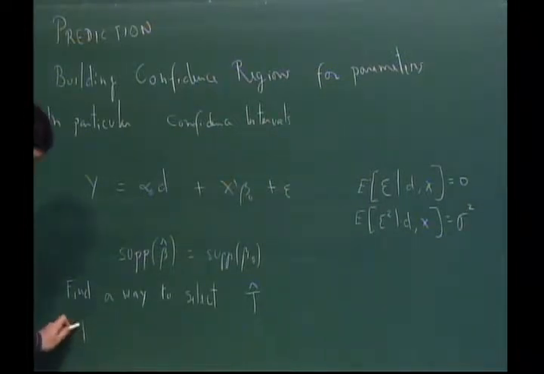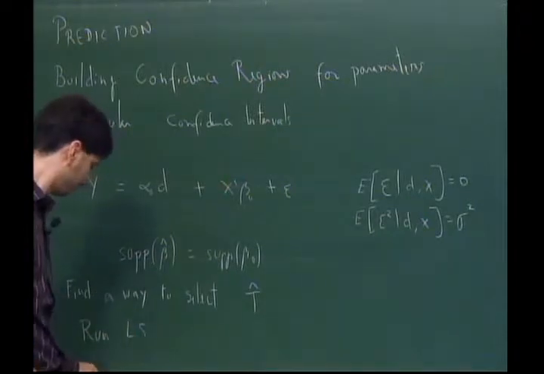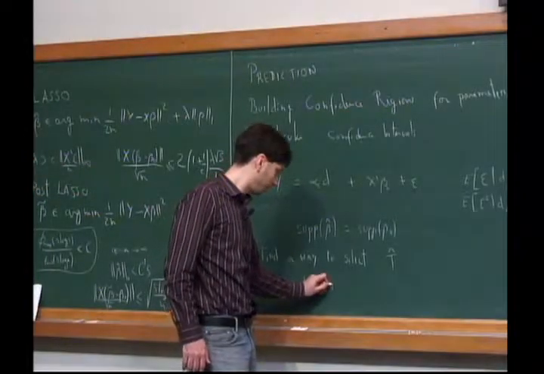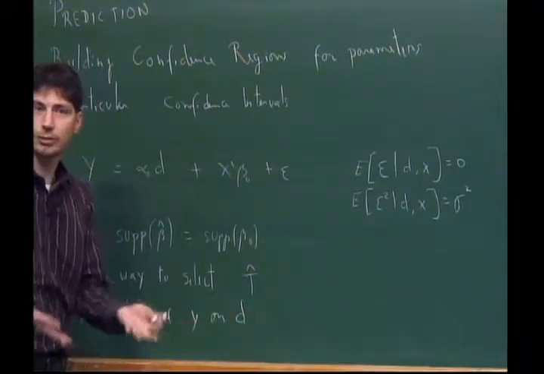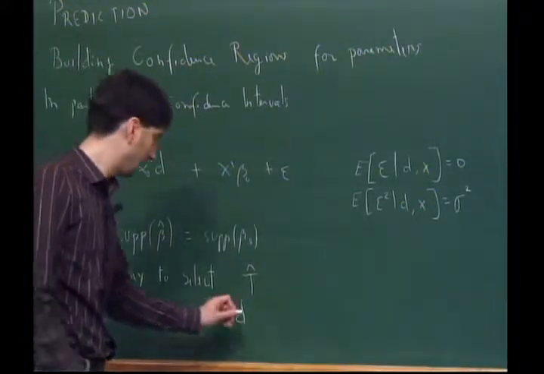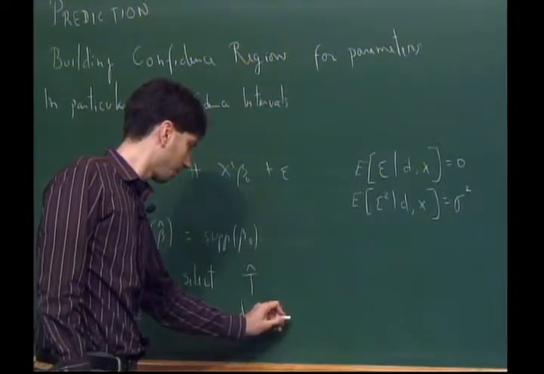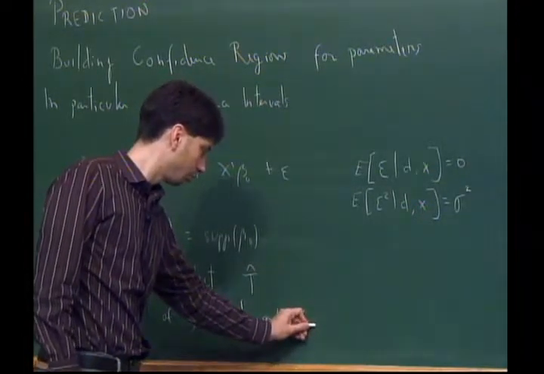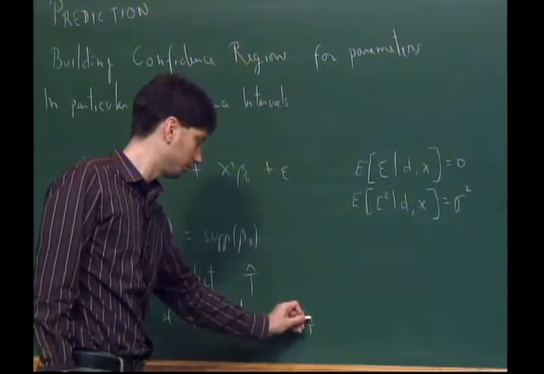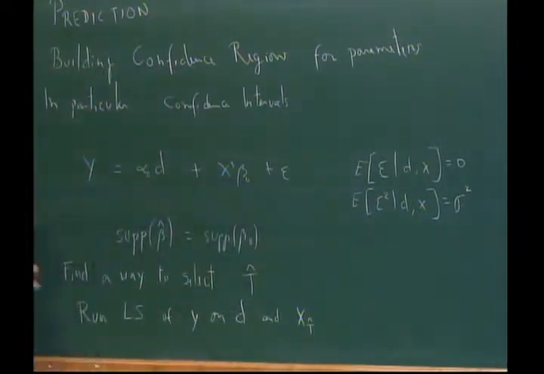And then you run least squares of the outcome on the treatment, because the treatment is always going to be there because you care about the treatment, and the controls of the set that you selected. Right? And that is kind of mainstream applied work.